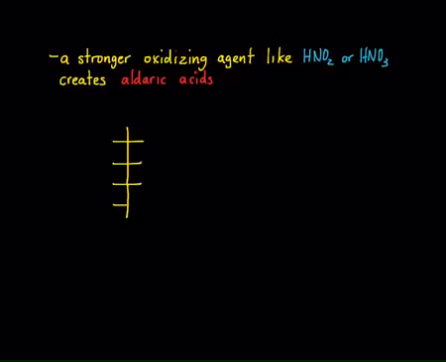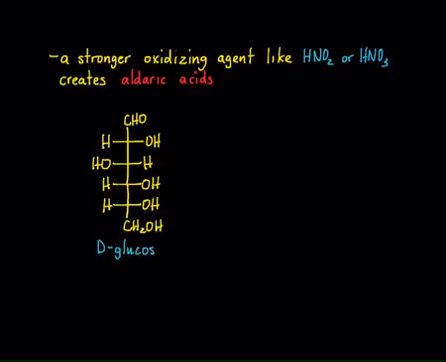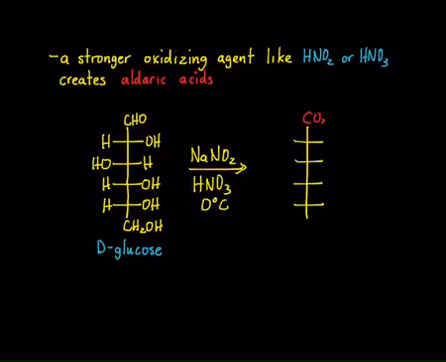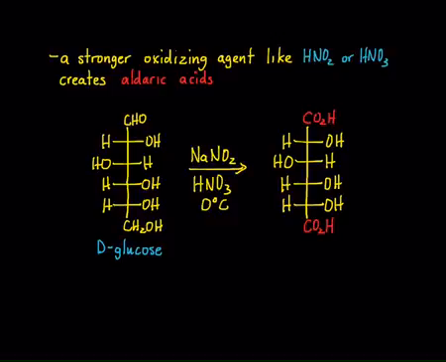So again, I'm going to start with my Fischer projection of the open chain of D-glucose, right? And I'm going to treat this with sodium nitrite in nitric acid. Notice it's at 0 degrees. It's a very exothermic reaction. And what I end up getting is that I oxidize both the aldehyde at the top and the primary alcohol at the bottom.